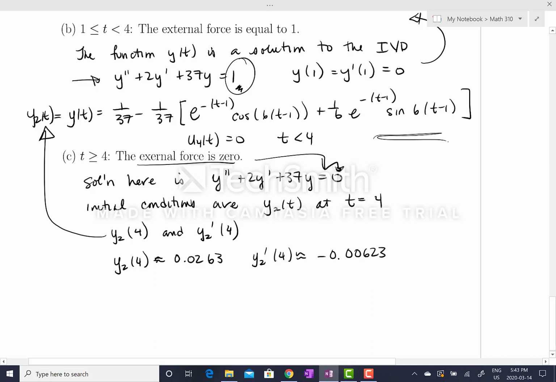Now I have a differential equation and I have initial conditions, and it's a homogeneous differential equation. This one is extremely easy to solve, and you will recognize this as an initial value problem for damped free oscillation.